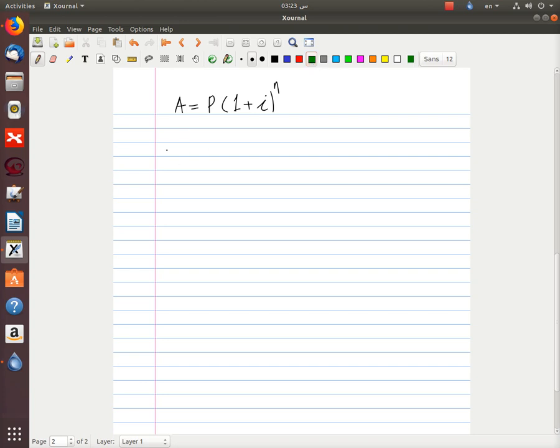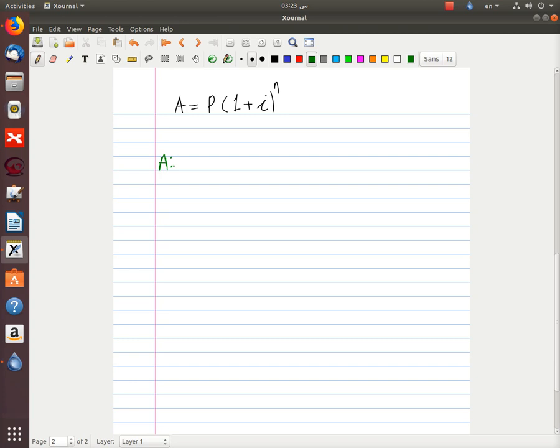The important thing you have to put in your mind is that A is simply the amount that you want to see at the end. So if I say I'm 16 and want to retire at 57, I will start with $5,000, and the interest rate is going to be 5%.